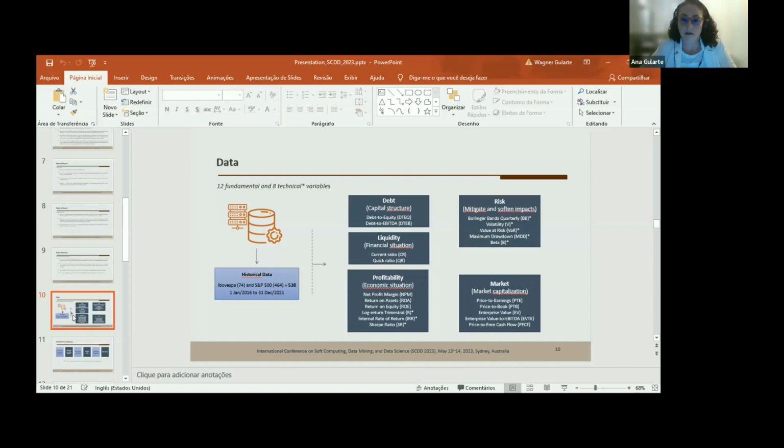The market variables provide information about a wide variety of large and small companies, measure the current asset price relative to earnings per asset, measure a company's market valuation relative to its book value, measure the total value of a company, and a metric used as a valuation tool to compare the value of a company.